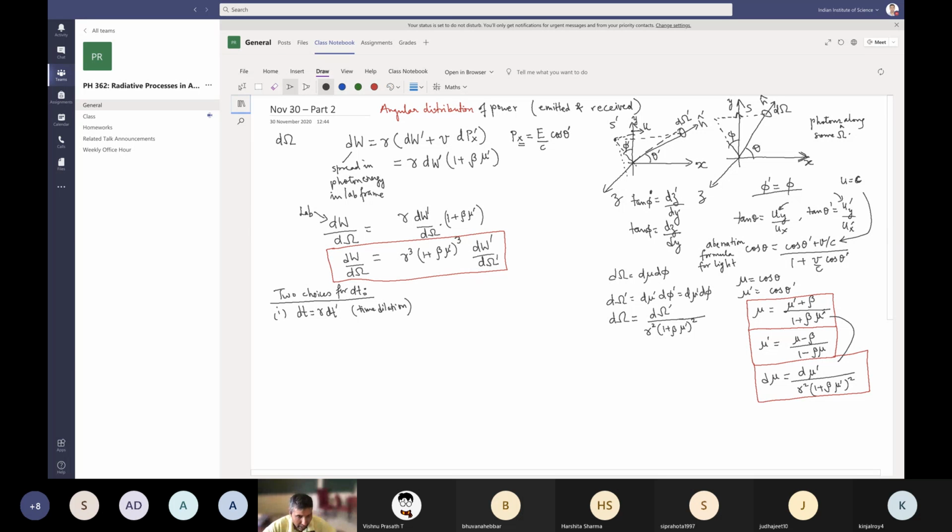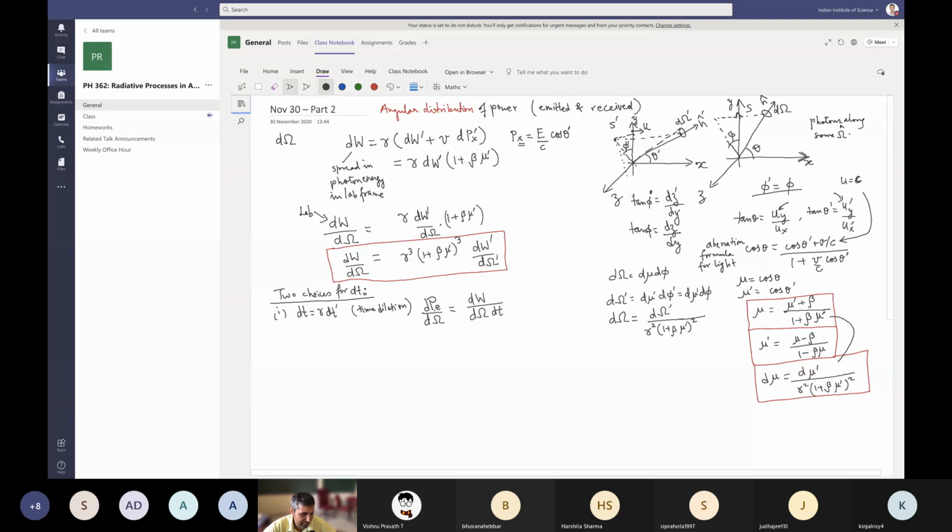And in this, what you're saying is how much power, if we divide dW d omega by dt, what we mean is P emitted d omega is equal to energy per unit solid angle per unit time elapsed in the lab frame.